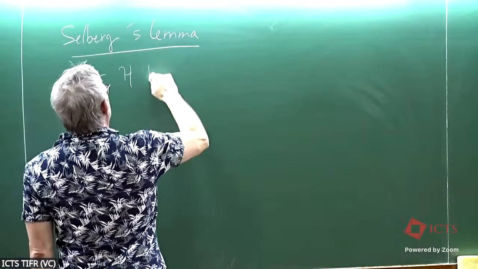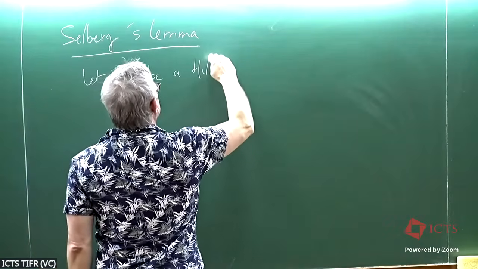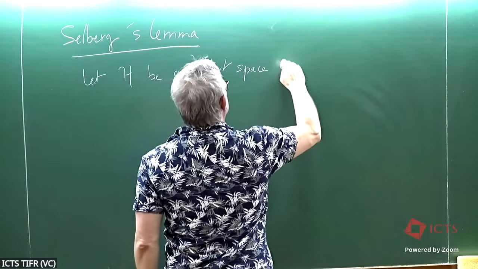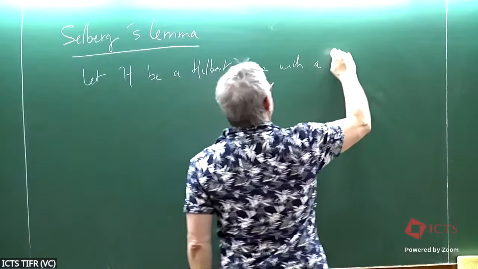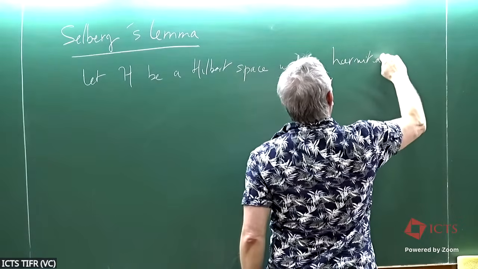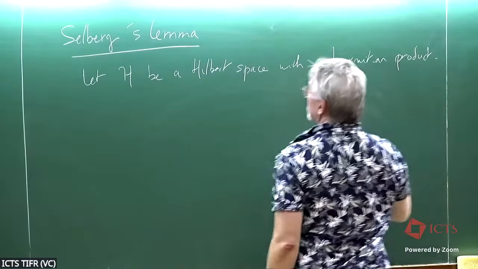So it's very abstract. You take a Hilbert space, but I'm not going to do much with it, with a Hermitian product. You'll see this space will disappear very fast.